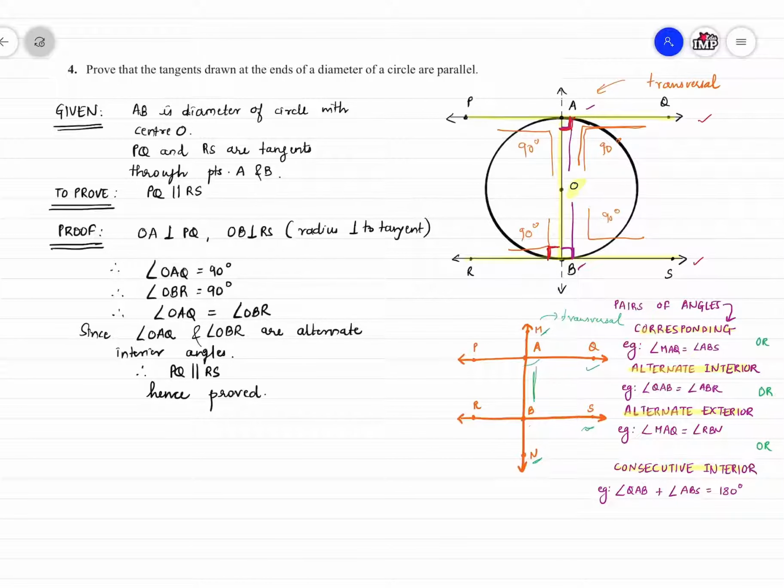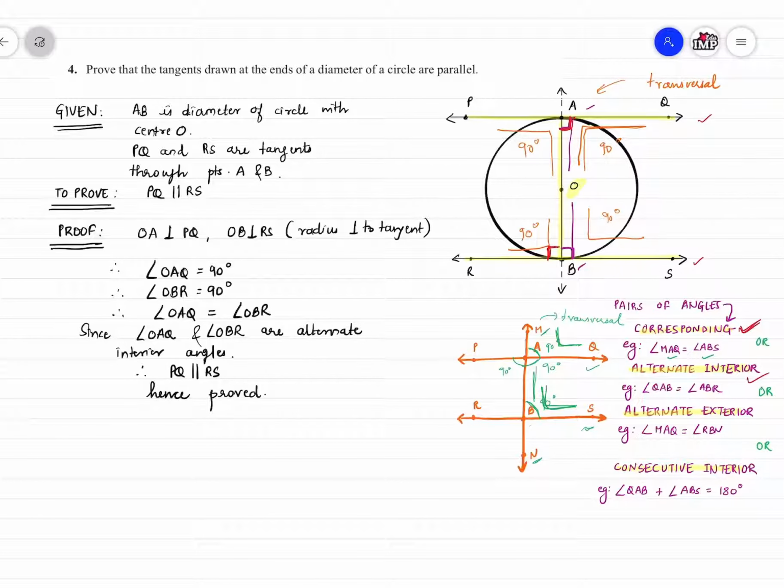We have seen that this is 90 degrees, this is 90. Similarly, this is a 90 degree angle. Also, we just saw that this is also 90. So angle MAQ and angle ABS, this angle and this angle, isn't this a pair of corresponding angles? Yes. Since both their measures are 90, they are equal to each other, and therefore by using this property also you can say that PQ is parallel to RS. So that covers the first property that I wanted to show.